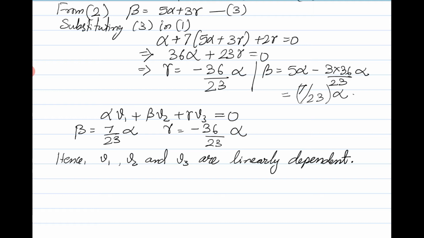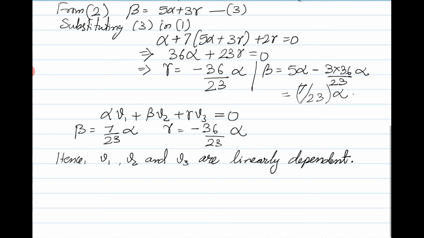Okay. A similar process can also be adopted if you are given a set of 2 cross 2 matrices or a set of 3 cross 3 matrices, and you have been asked whether the vectors that you are given are linearly independent or not.